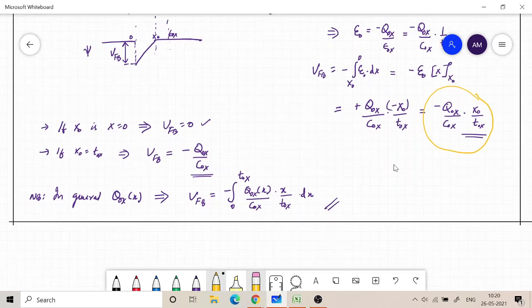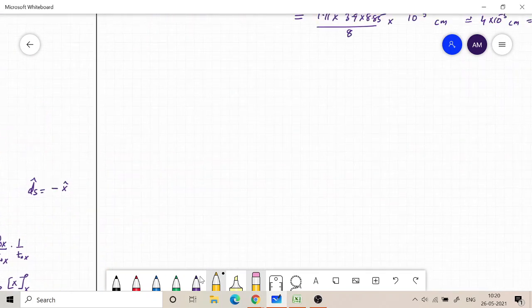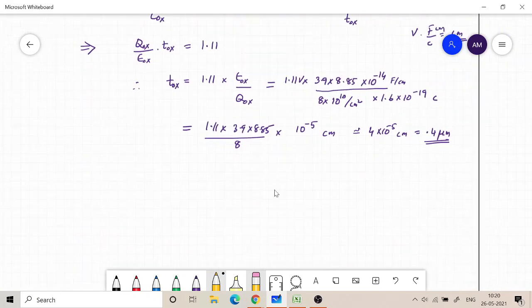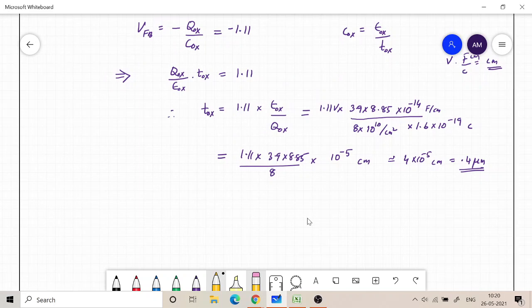Because the flat band voltage is negative 1.11, VTH is V flat band, which is the contribution due to the oxide charges, plus our earlier found 2 psi s plus psi ox, that was basically 2.11. So minus 1.11 plus 2.11, and we got 1 volt.